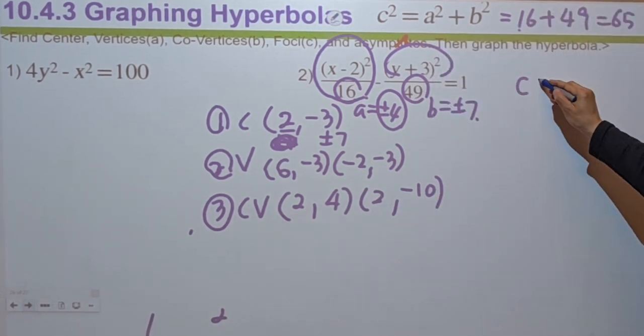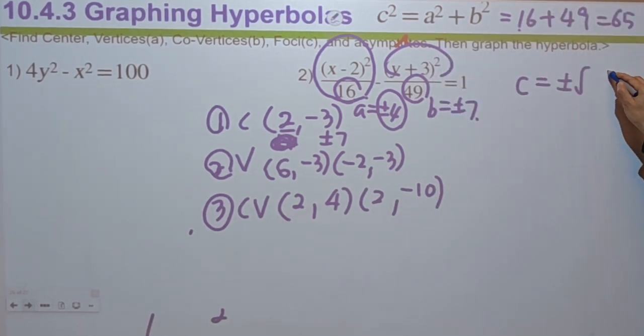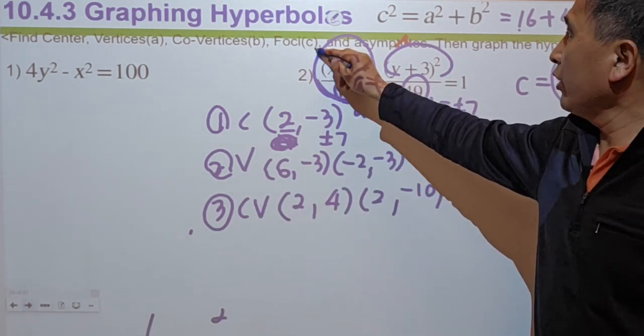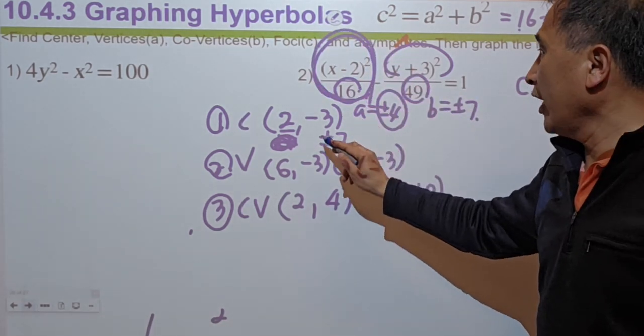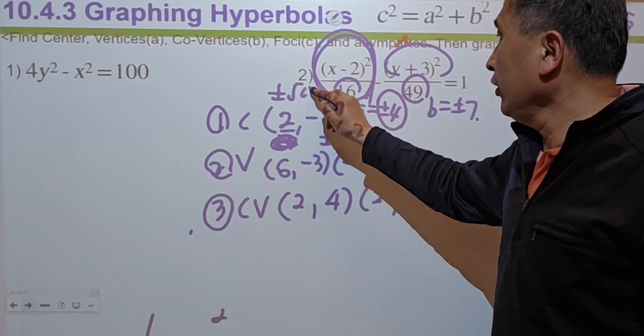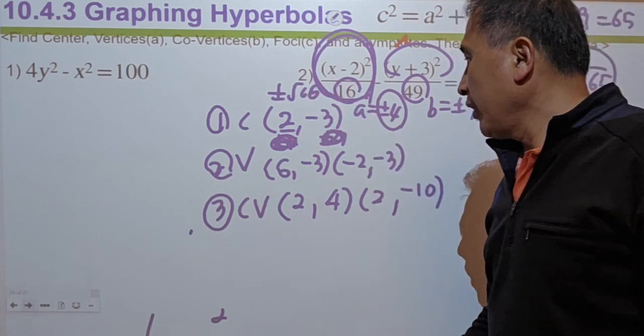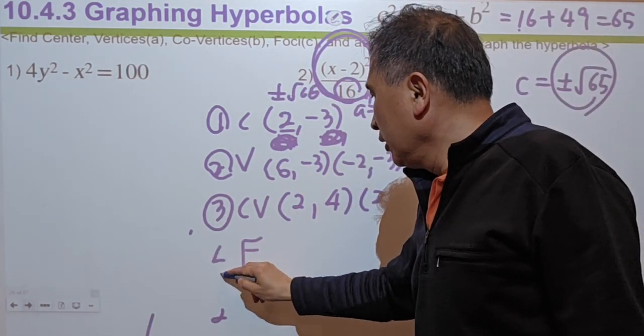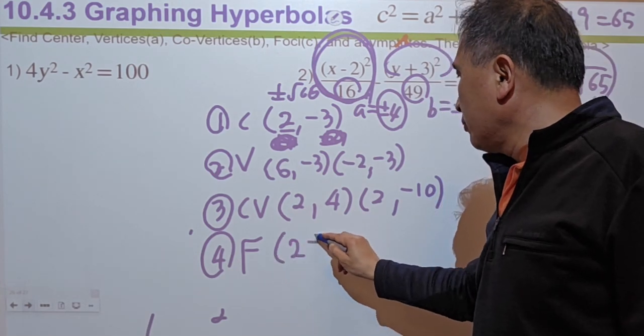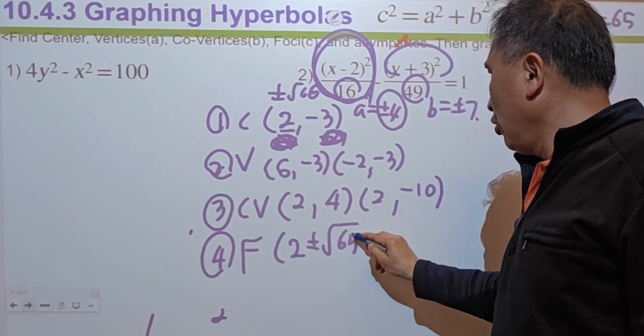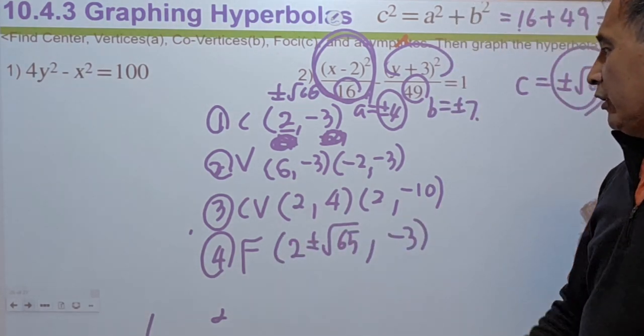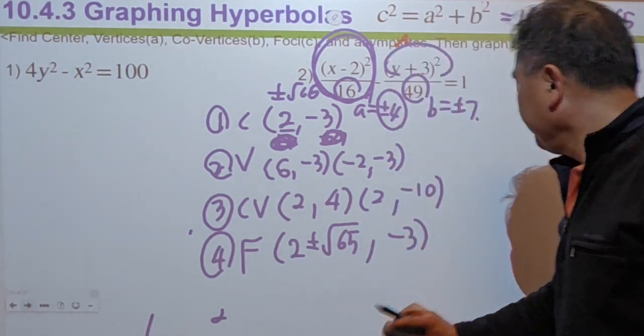That means C equals plus minus square root of 65. You add that on the vertices side, on the axis: plus minus square root of 65 here. Keep the y value. So the foci are 2 plus minus square root of 65, comma, y value the same, minus 3.